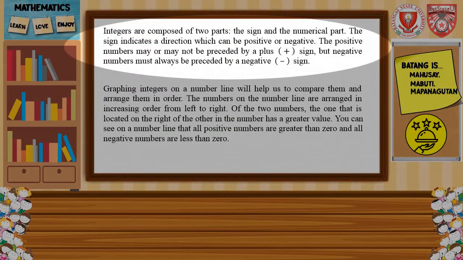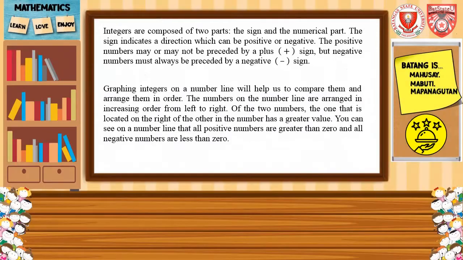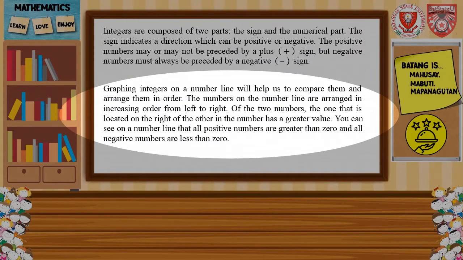Integers are composed of two parts, the sign and the numerical part. The sign indicates a direction which can be positive or negative. The positive number may or may not be preceded by a plus sign, but the negative number is always preceded by a negative sign. Graphing integers on the number line will help us to compare them and arrange them in order.